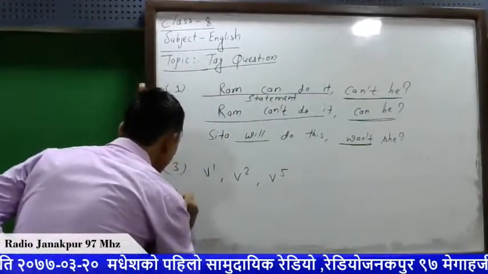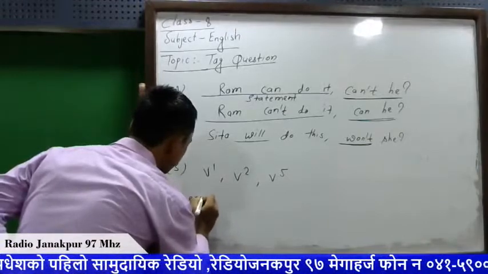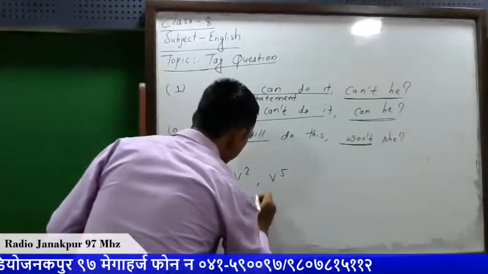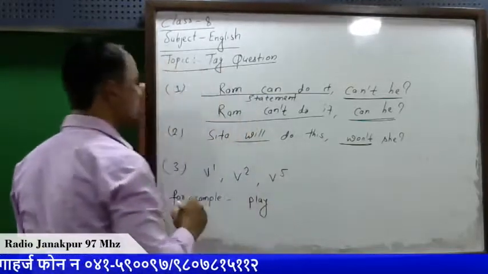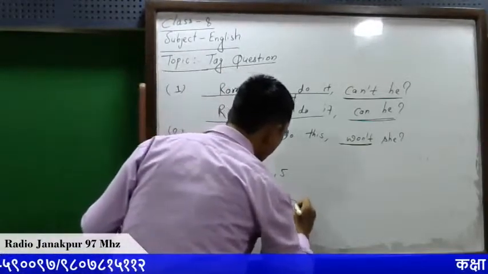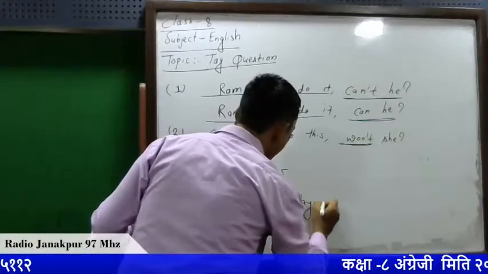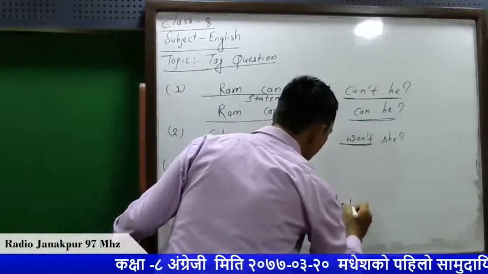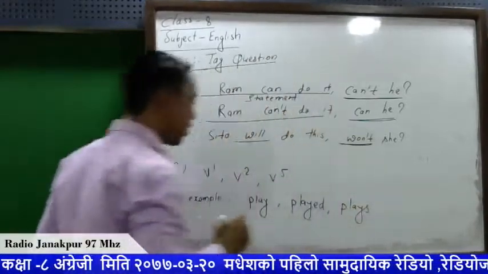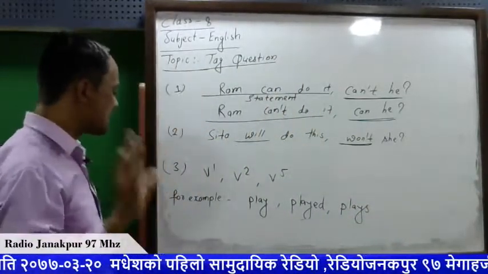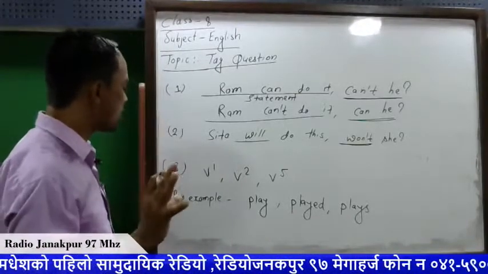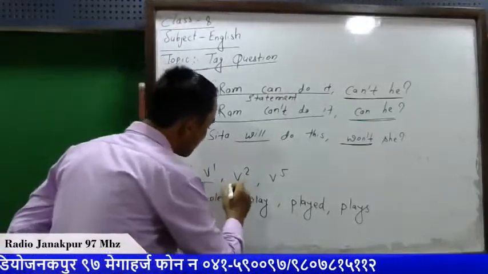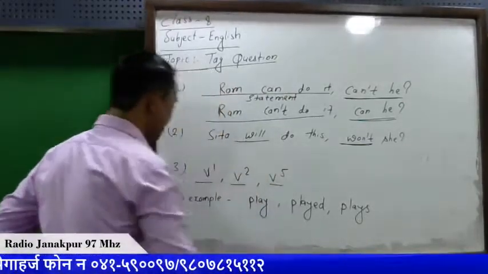For example, play is verb 1, played is verb 2, and plays is verb 5. In the case of missing auxiliary verbs in the sentences, there must be either V1 or V2 or V5.